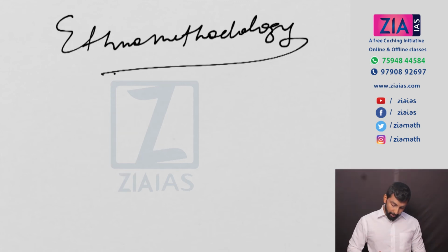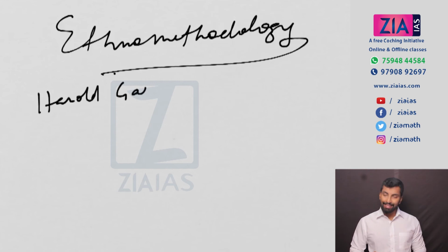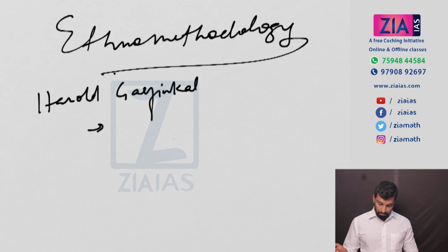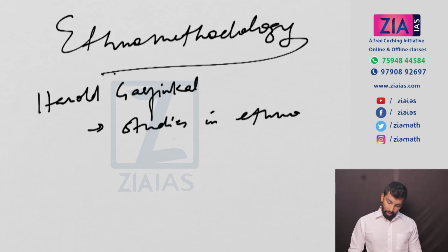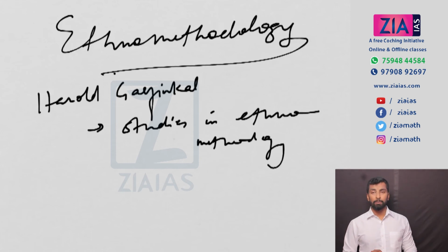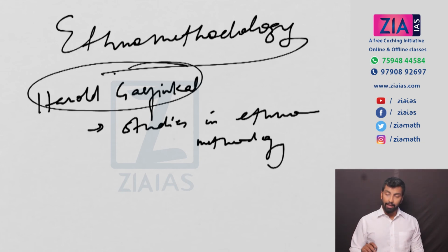So he introduced this perspective. It is introduced by Harold Garfinkel, or rather than saying introduced, you can say it is more systematized. Okay, Harold Garfinkel in 1940s, in his book Studies in Ethnomethodology. So you can say this perspective was introduced by Harold Garfinkel in late 1940s. It's actually a mix of Alfred Schutz and Talcott Parson. We'll come to Parson.